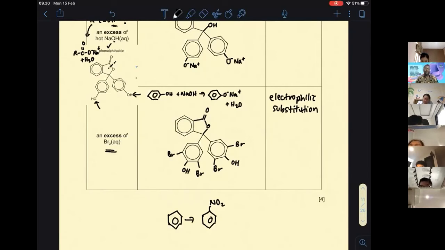Both should be accepted. So for Aneta's question, she's asking if we write bromination, is it considered? The answer is yes, it will be considered for me, but I am not sure whether it's going to be considered by all the examiners.